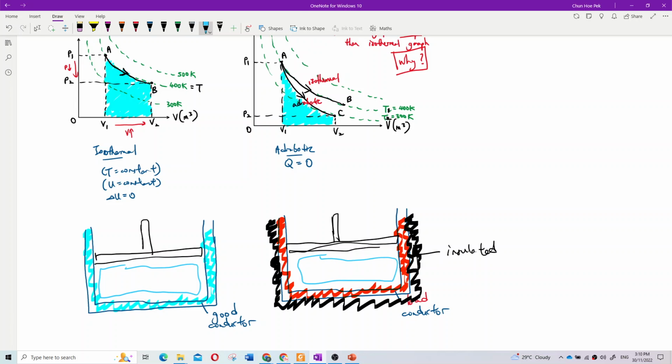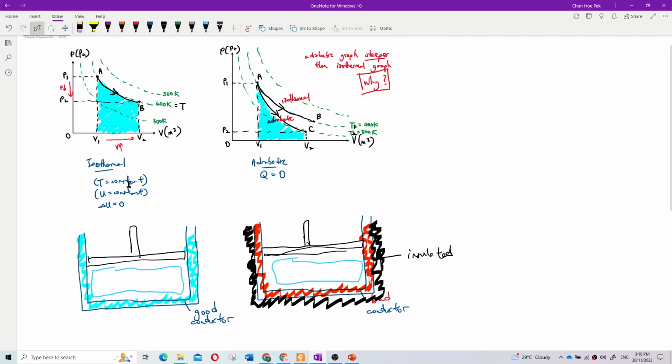Let's talk about adiabatic first. Adiabatic means no heat flow, Q equal to 0. That means heat cannot flow in or flow out, because it is insulated.